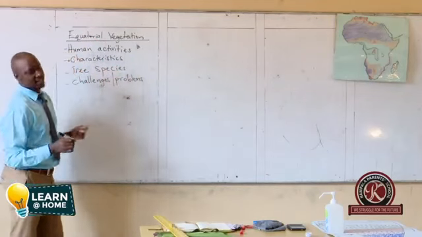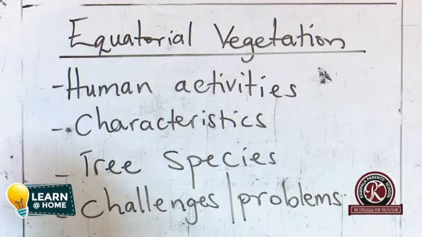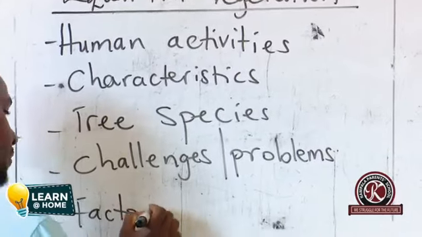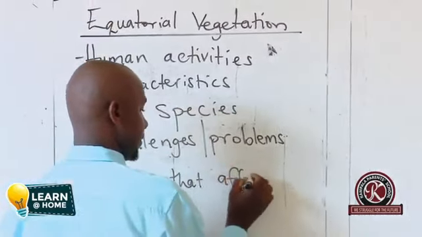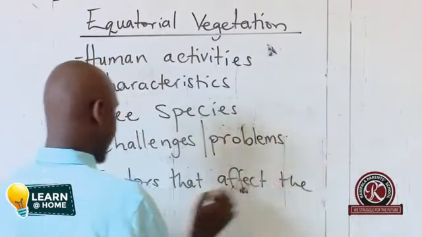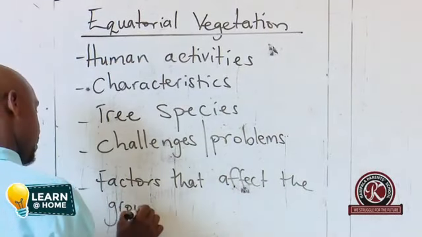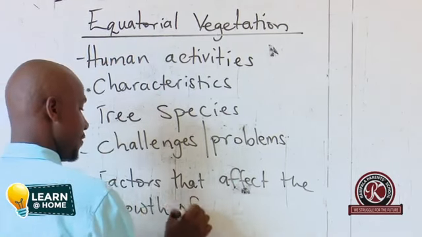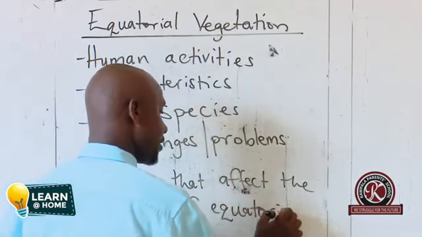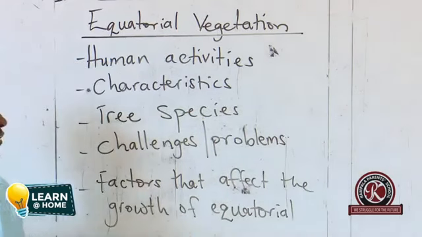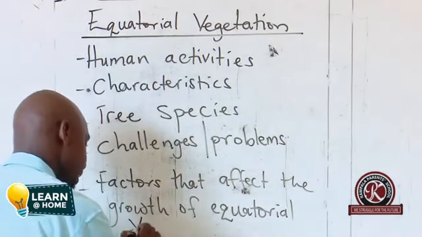From there, we shall look at factors that affect the growth of equatorial vegetation. Remember, we said equatorial vegetation is the same as equatorial rainforest or tropical rainy forest.